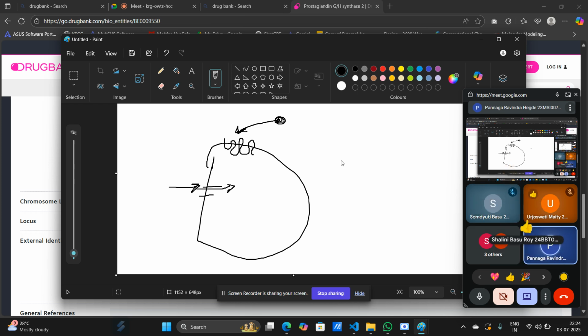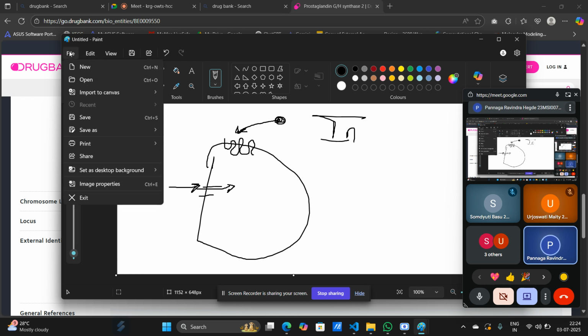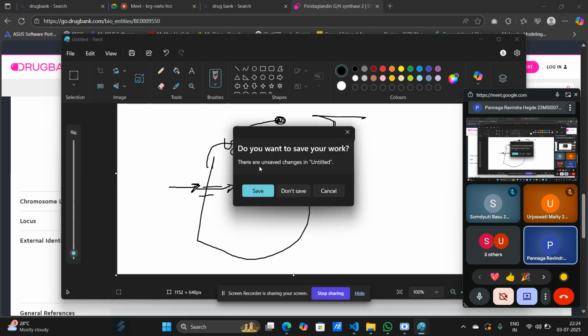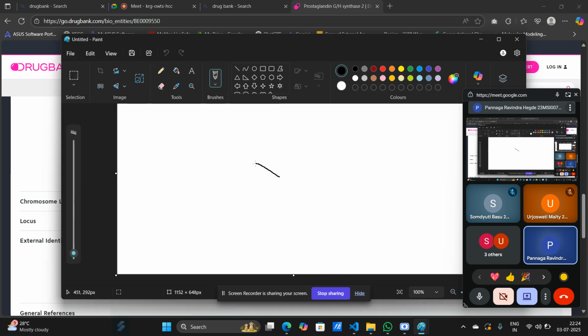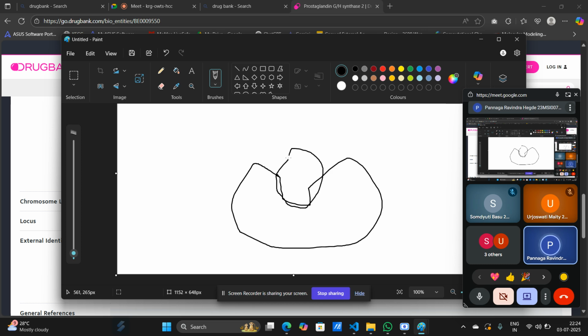And then you have something called an inducer. An inducer is going to increase the activity of the target. It usually acts on enzymes. So if I just create a new file again, if this is a target and I have the inducer come and bind to the target, it is going to increase the activity of the enzyme.